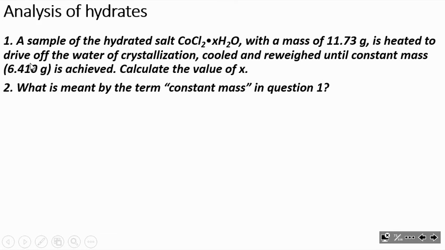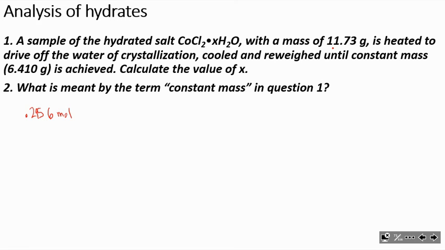So the mass of our water here, and then we divide that by 18, that will give us the moles of water. That ends up being 0.2956 moles of water. So again, to get this value, what I did was I subtracted 6.41 from 11.73. That gave me my grams of water.